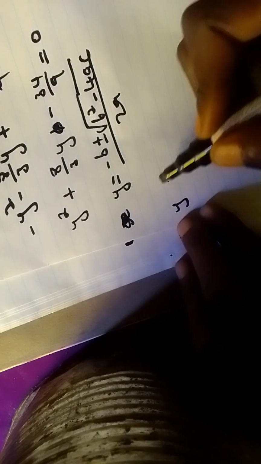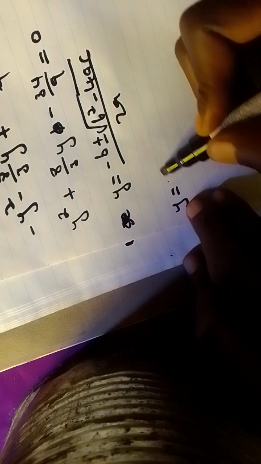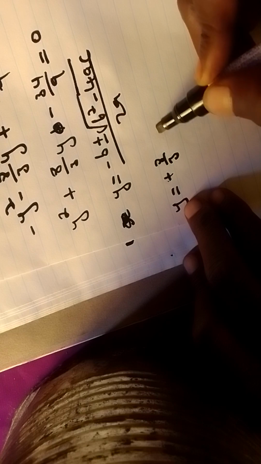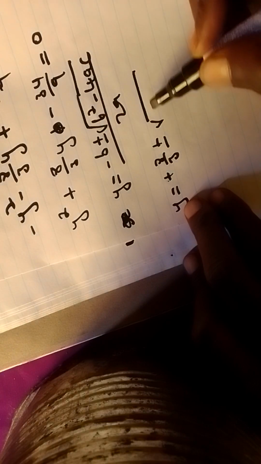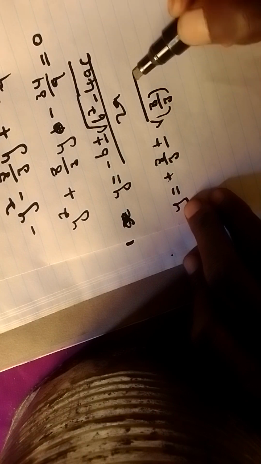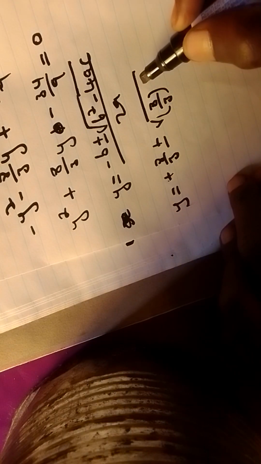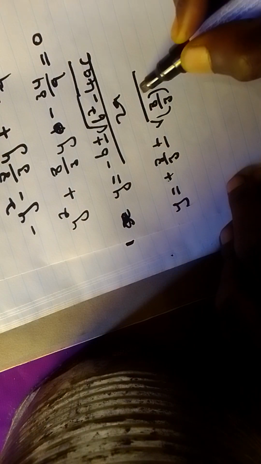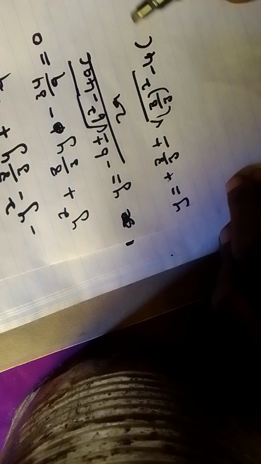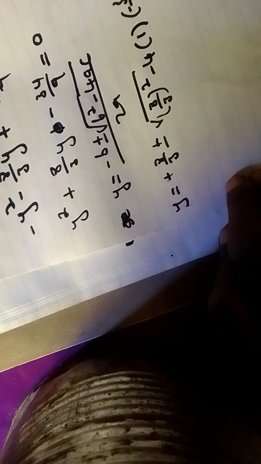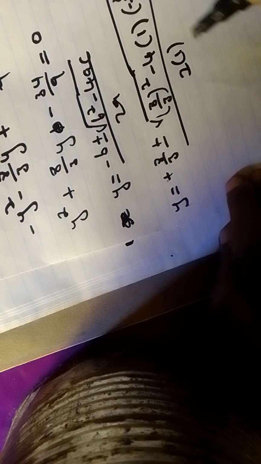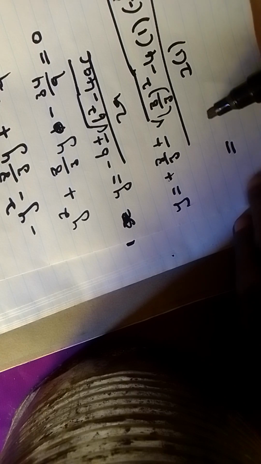Now y is equal to, our negative b is going to be positive this time, 8 divided by 3, plus or minus the root of 8 divided by 3 squared minus 4 times 1 times negative 34 divided by 9, all over 2 times 1. Now you punch the calculator and get the value of y.